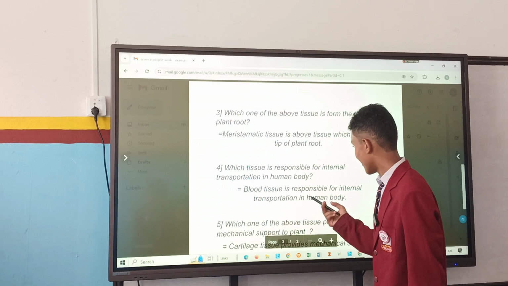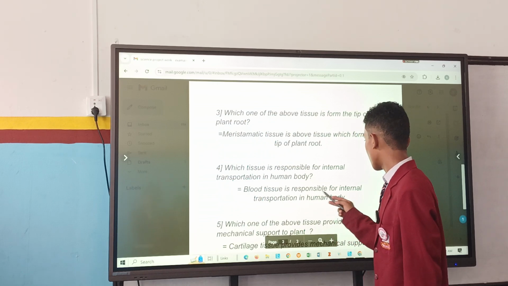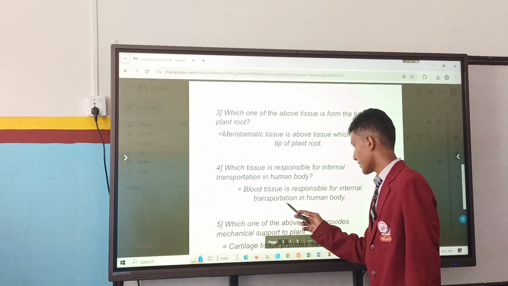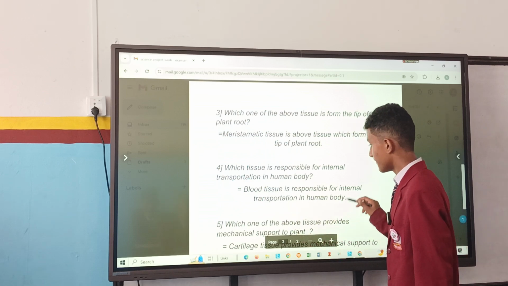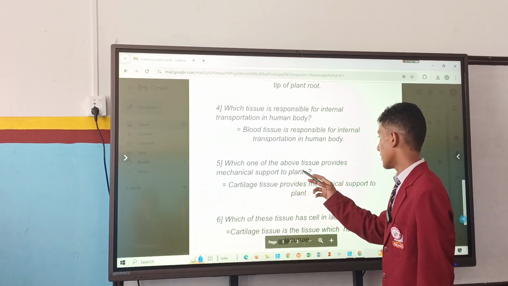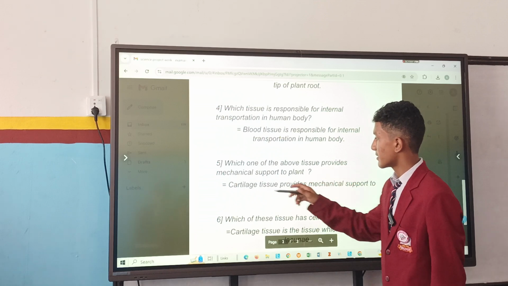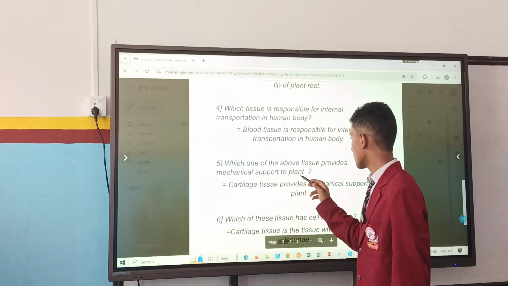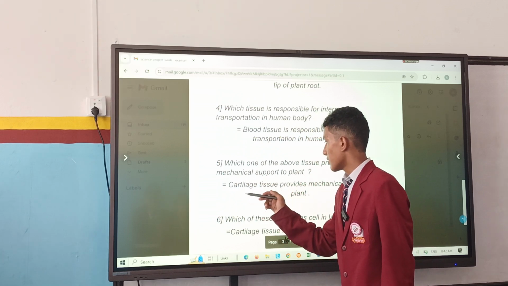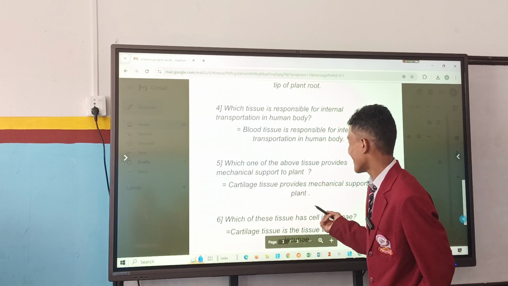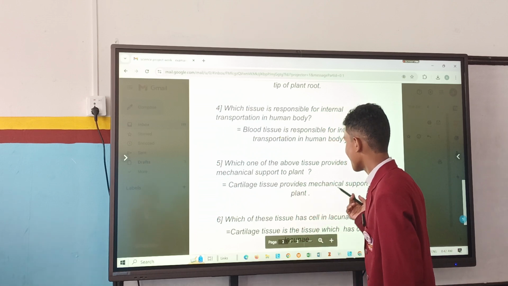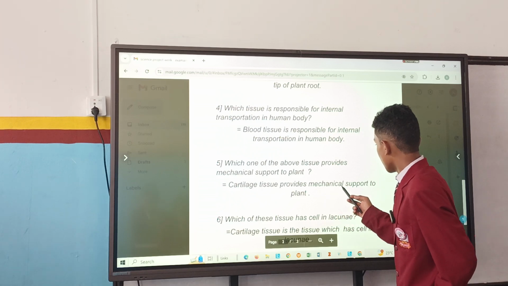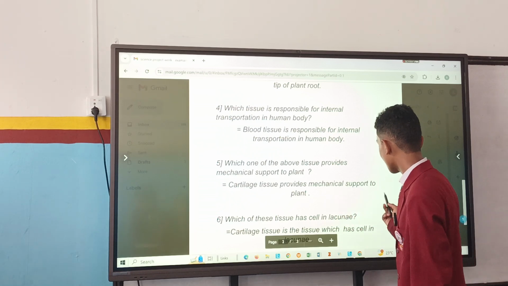Blood tissue is responsible for internal transportation in the human body. Which one of the above tissues provides mechanical support to the plant?